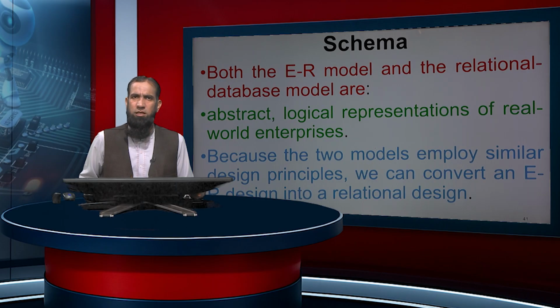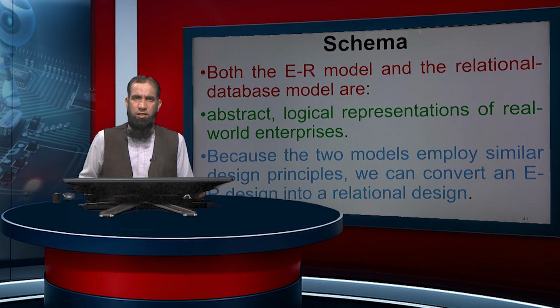Since both models follow similar design principles, we can easily convert an ER design into a relational design. In practice, this means once we have drawn our ER diagram to capture the requirements, we can transform it into relational tables that can be implemented directly.